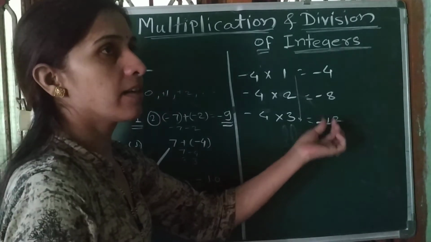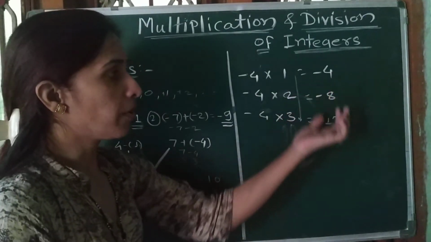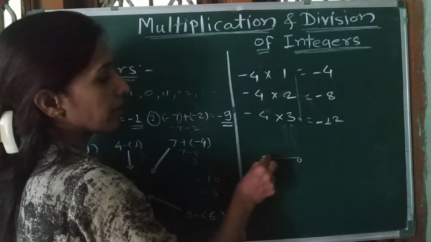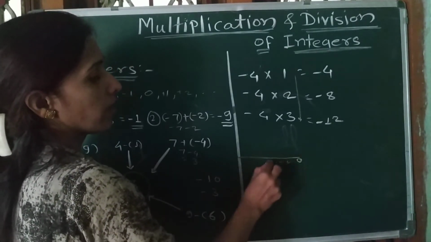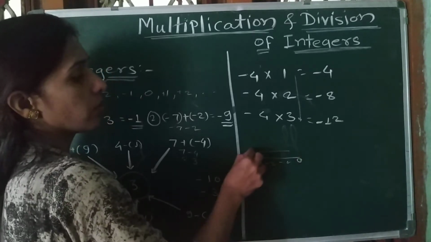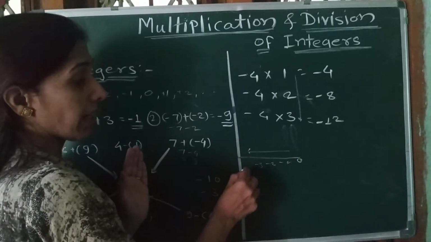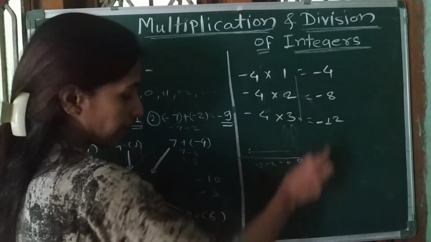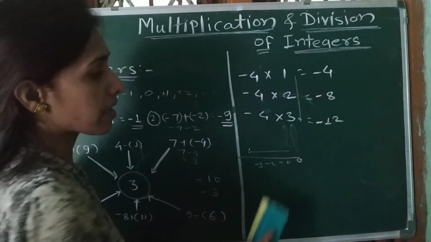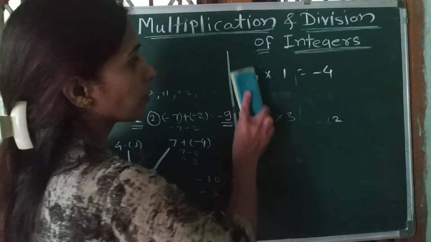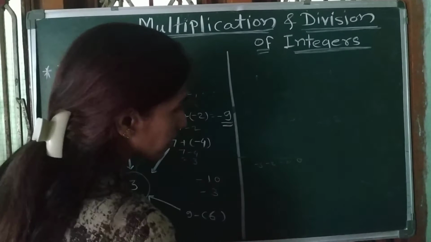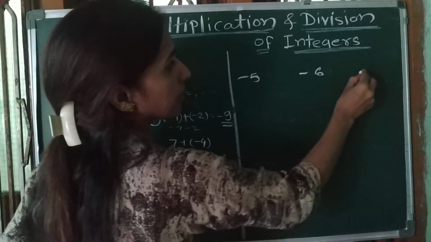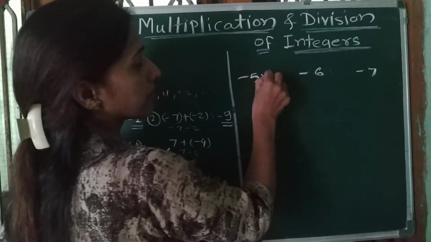How is it decreasing? You know on the number line, as you go to the left side from 0, numbers become smaller. In the same way, minus 4, minus 8, minus 12 are getting smaller. Same way you have to make the tables of 5, 6 and also 7.